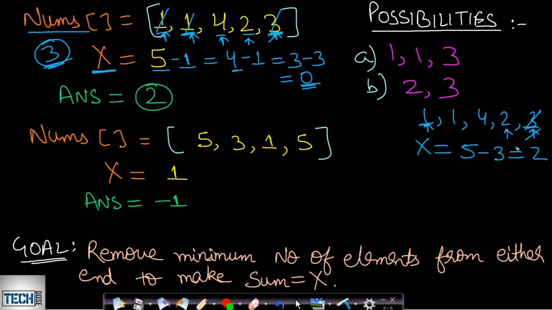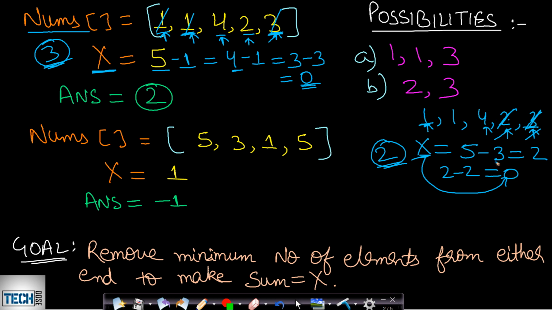And if we again pick this element 2, then we will again be reducing 2 minus 2, it will be 0. So our x got reduced to 0 by removing only 2 elements from the end. Okay, so in this case we required only 2 steps in order to convert x to 0.